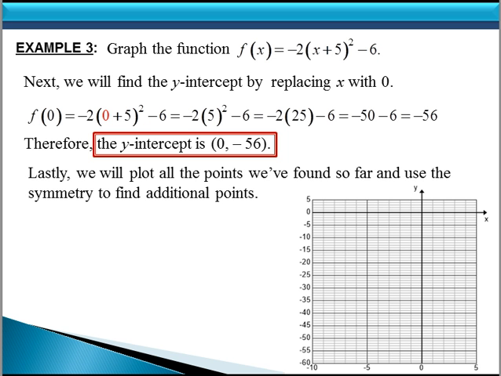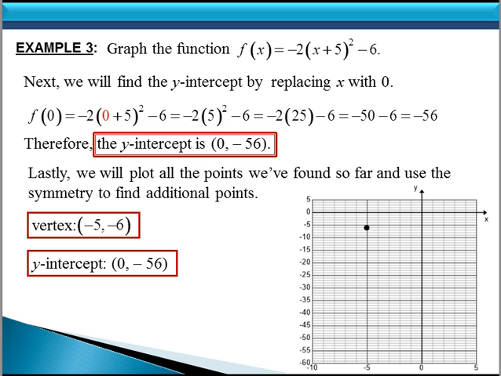So now we're going to plot all the points we've found so far. And so remember that the vertex we found earlier was the point (-5, -6). So we're going to go left 5 units from the origin and down 6. And remember, there were no x-intercepts.